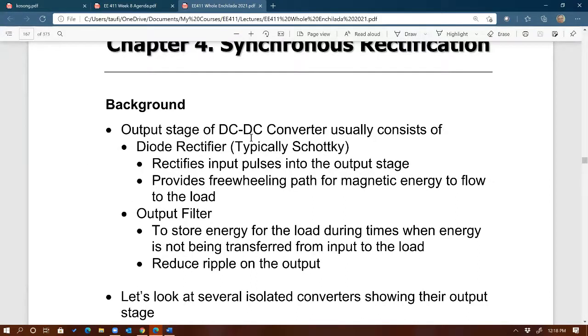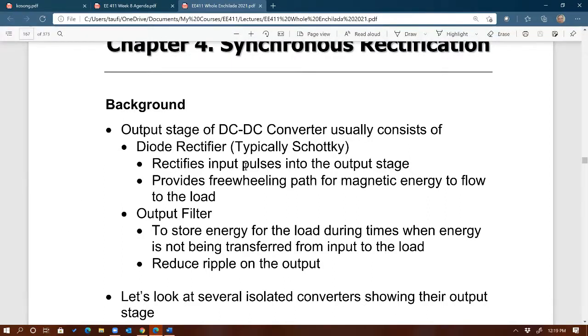Background: the output stage of a DC to DC converter usually consists of a diode rectifier and an output filter. The focus for this chapter is on the diode rectifier, and typically we use a Schottky, because Schottky is fast. It can handle the high switching frequency that DC to DC converters typically use, rather than a PN junction diode.